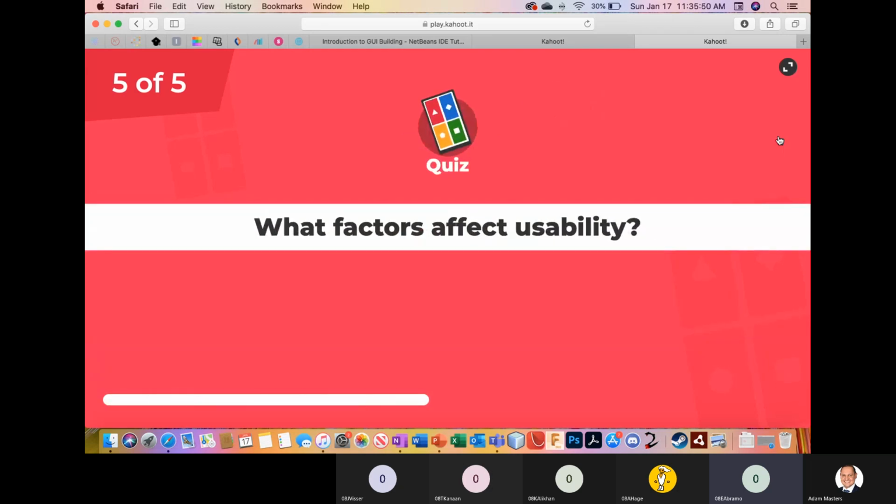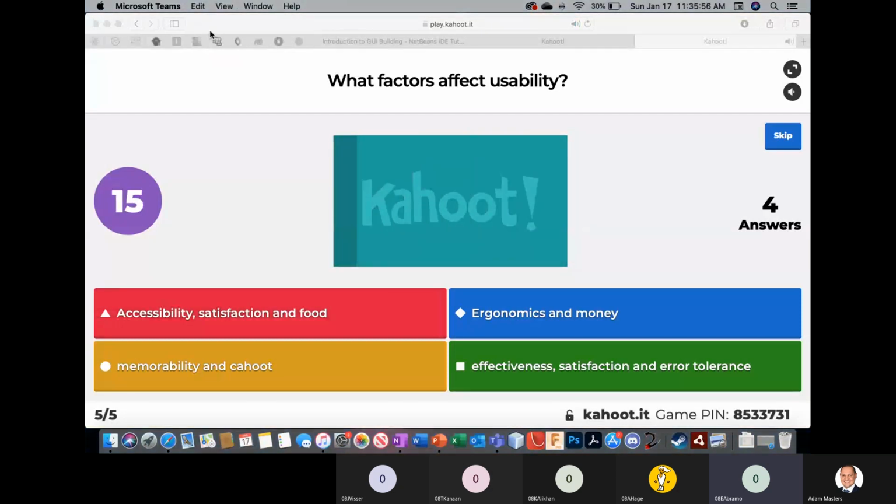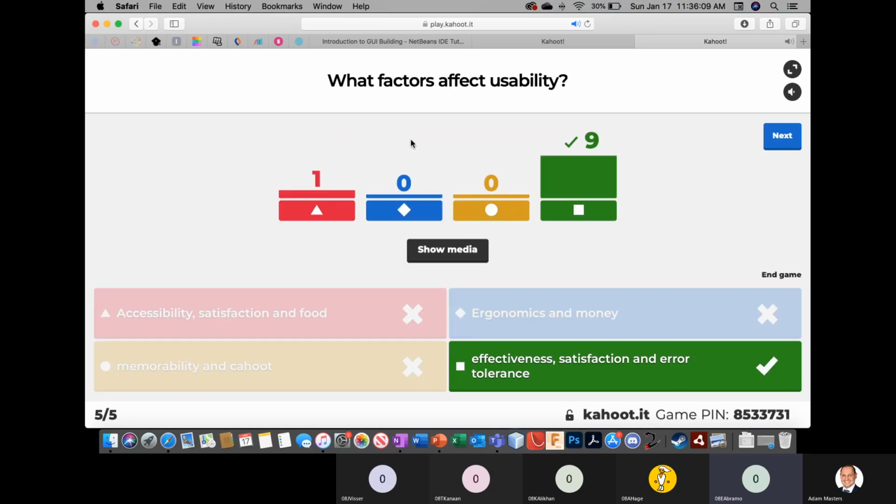Okay. What factors affect usability? I think it's the last question. Oh, no. Yeah, that's the last question. Remember, it's not because the first one's right that both of the things written down are right. Food does not affect usability.